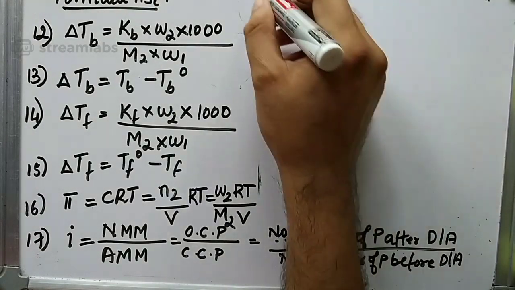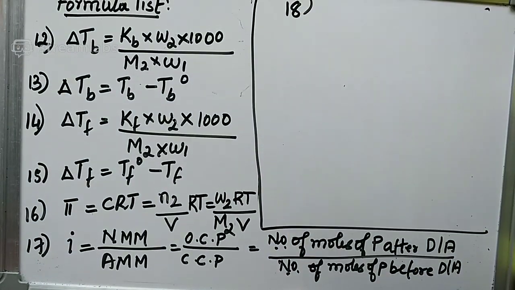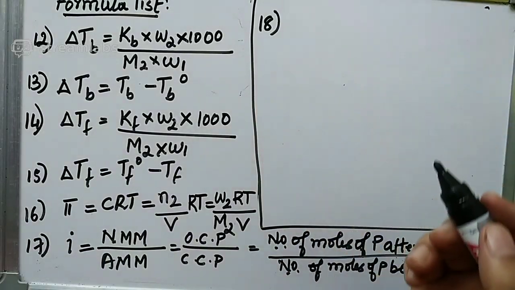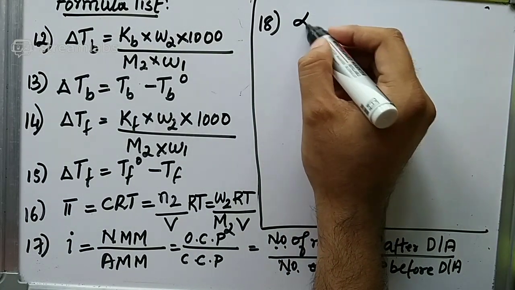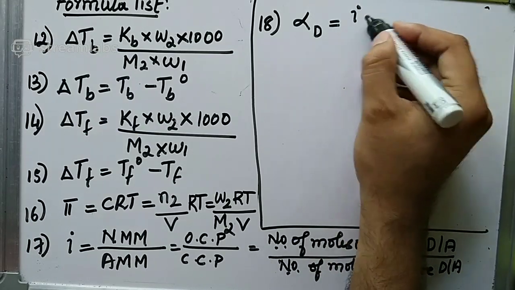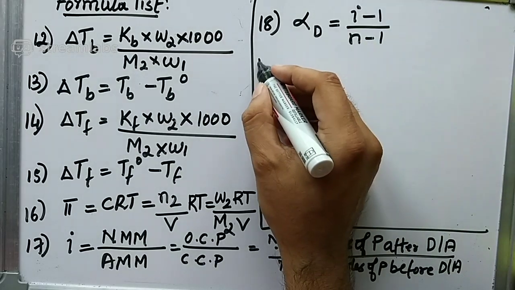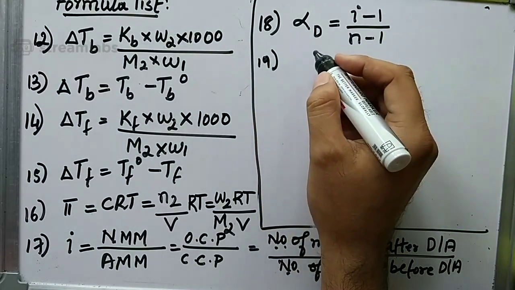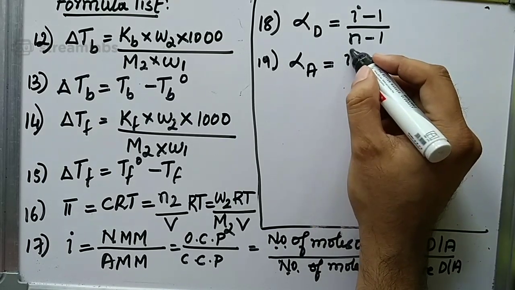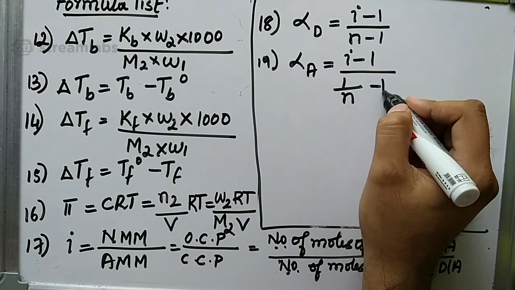Formula number 18 that you need to remember is degree of dissociation alpha D is equal to I minus 1 divided by n minus 1. Formula number 19 that you need to remember is alpha of association is equal to I minus 1 divided by 1 by n minus 1.